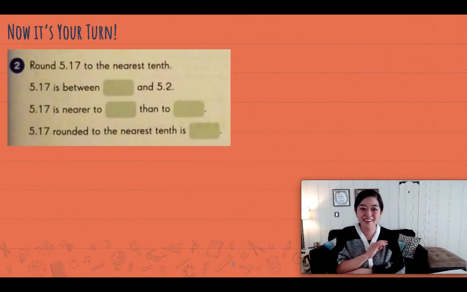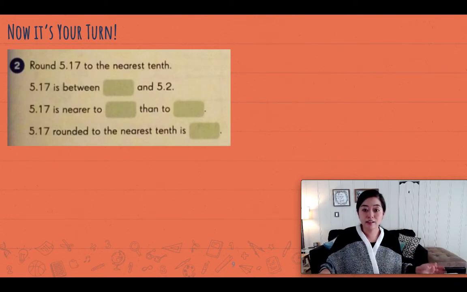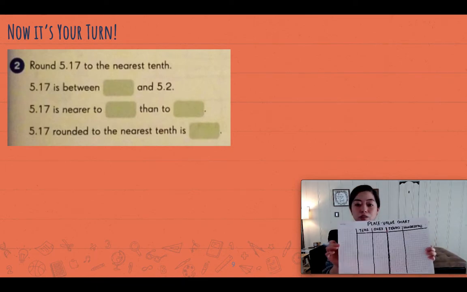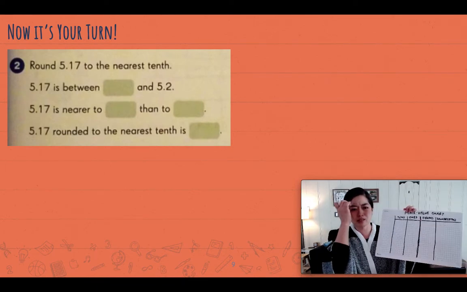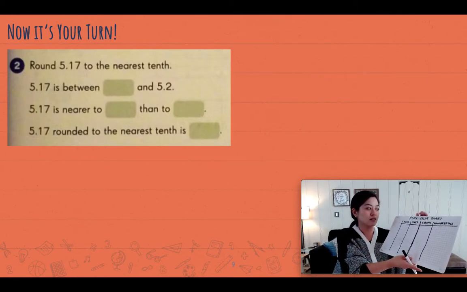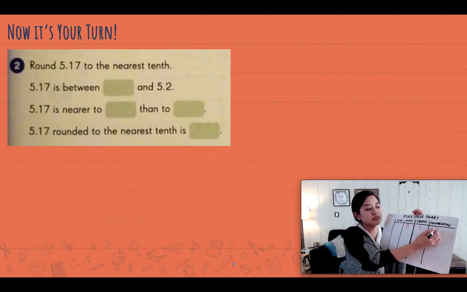Hey, welcome back, okay? So what I first did was I used a place value chart to help me understand what 5 and 17 hundredths looks like as a decimal. I mean, it's already written there, but I wanted to try and understand it in a place value chart.